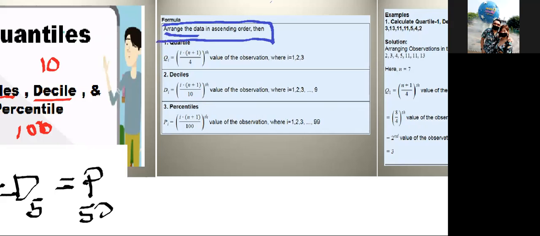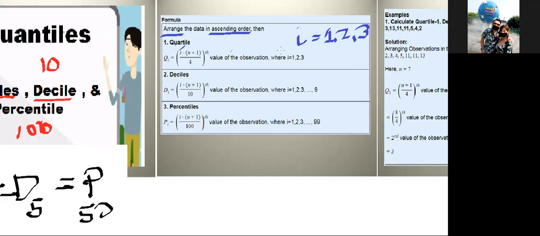Upon arranging it, you need to know which formula to use. For quartiles, i refers to the quartile, so it can be 1, 2, or 3, because in quartiles we have first quartile, second quartile.